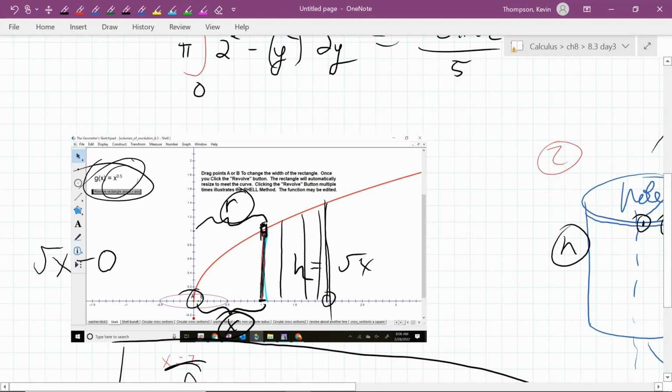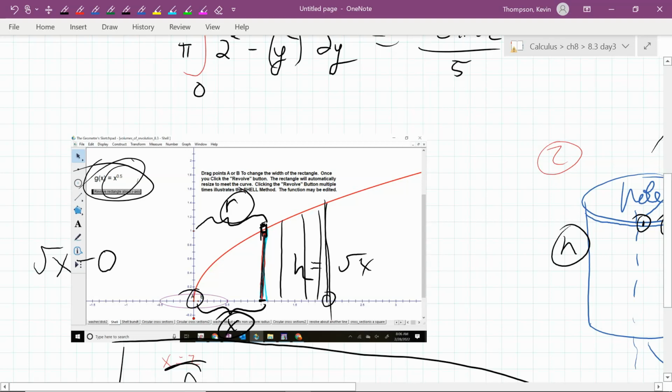When the rectangle is perpendicular to the axis, that was the washer disk. When the rectangle is parallel to the axis, we get a tube, we get a shell. So you can really do either method, and sometimes you might choose one because it means you don't have to rearrange the equation, right? In that first one, we had to take the equation and solve it for x, which wasn't hard to do, but if it was harder, we could have skipped it by switching to the other method.